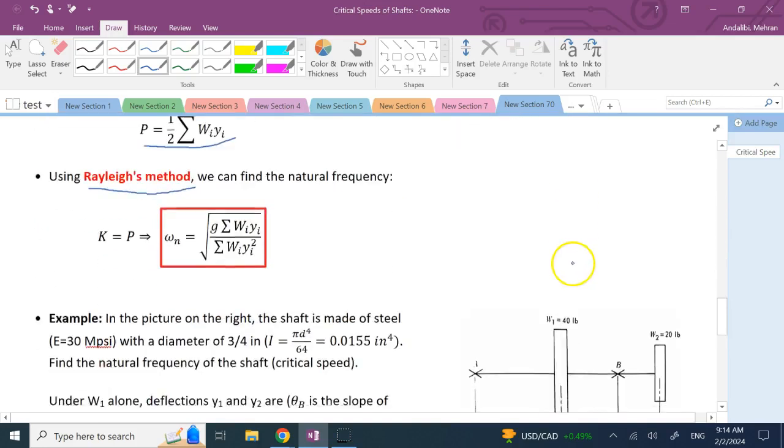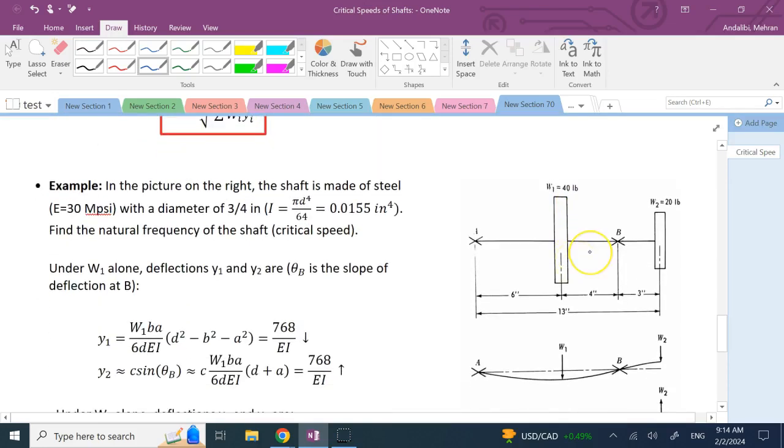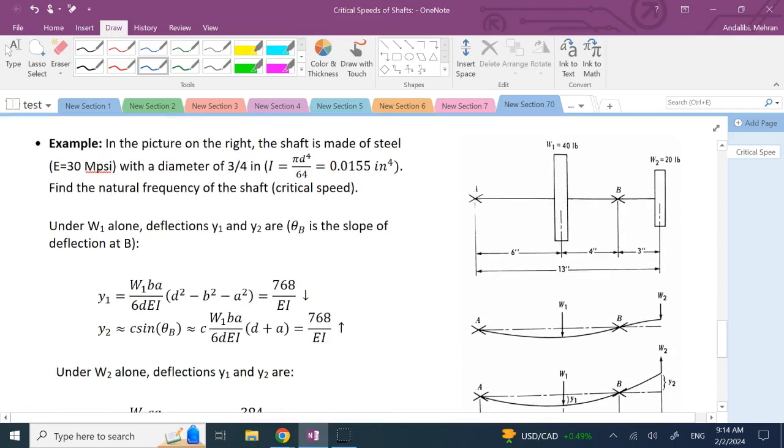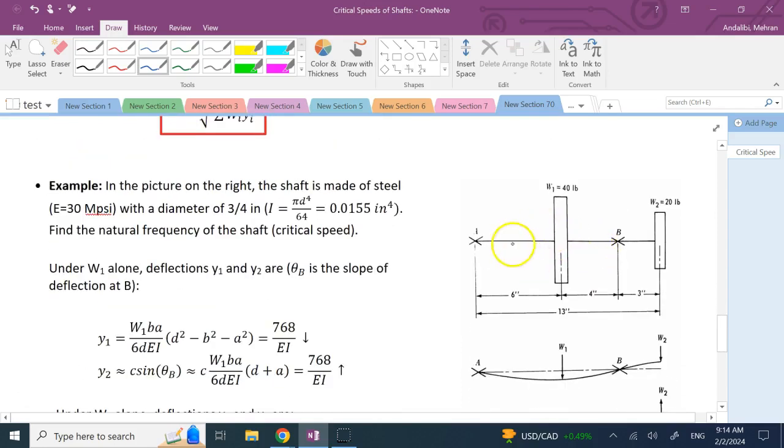So let's solve an example from this. Here we have a shaft mounted on bearings A and B, and the shaft has an overhang. Disc number 2 is mounted on the overhang at the end of it, and disc number 1 is mounted somewhere not exactly in the middle, 6 from one side, 4 from the other side.